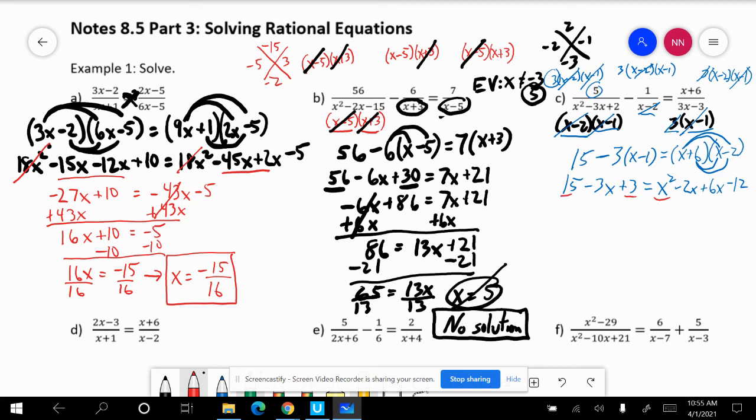So I have like terms, 18 minus 3x. I have plus 4x minus 12. I'm going to subtract 18 and add 3x on both sides. That sets it equal to 0.